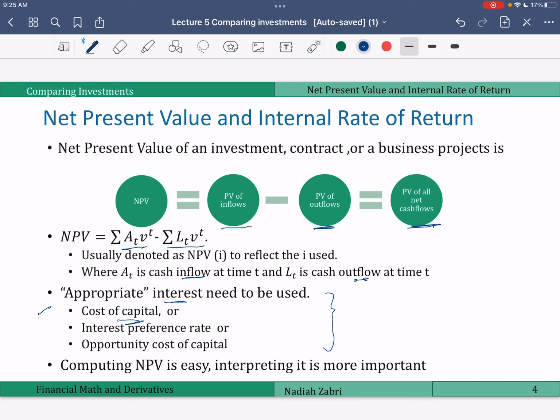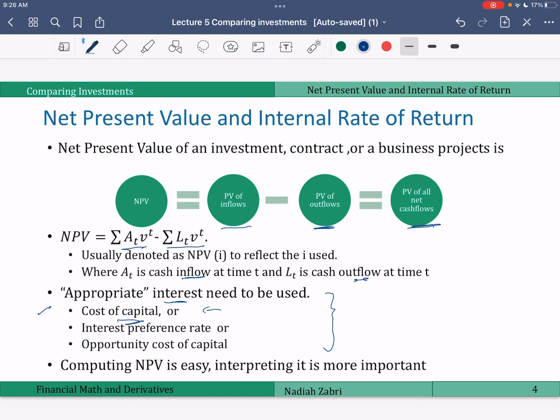The cost can be, if the amount is borrowed from a bank, then it is the borrowing rate. If it is an injection from a shareholder, they will have some expectation on the project for the initial investment. So that is the concept of cost of capital.